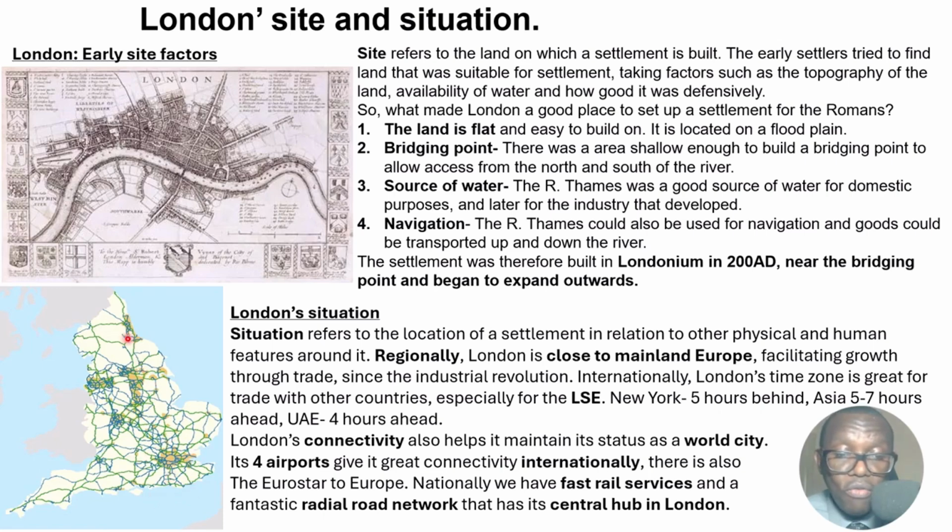This network of roads in this particular area all seems to be coming into London. So London is the hub, and the reason why all these roads are coming into London is not just economic purposes, but that provides an opportunity for economic activity to take place, making London a very good place to live.